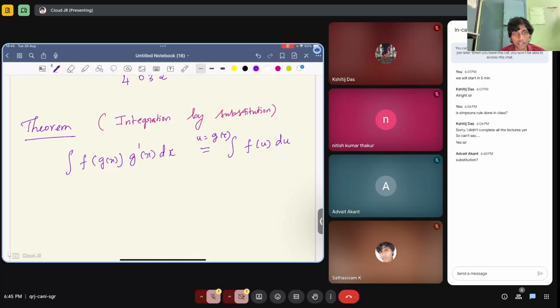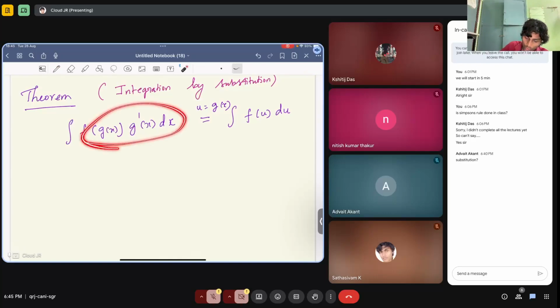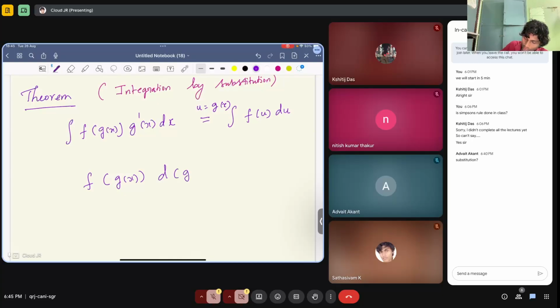So this is the theorem. In some sense, you can see this term as f of g of x times d of g of x. You can see this integral like this.